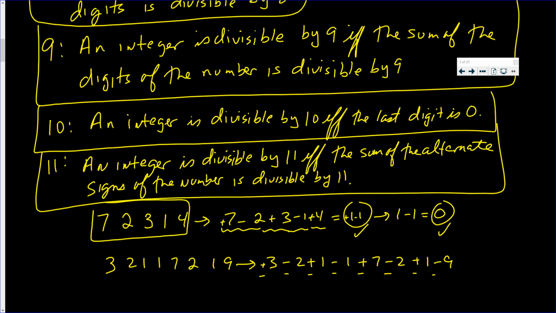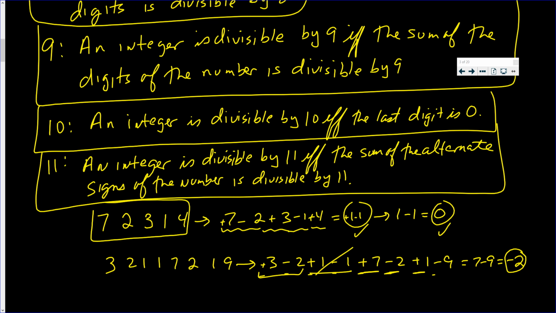To make life easier, plus 1 minus 1, well, that's 0. 3 minus 2 is 1, plus 7 is 8, minus 1 is 7, plus 1 is 8, minus 9. That's negative 1. This is not divisible by 11.